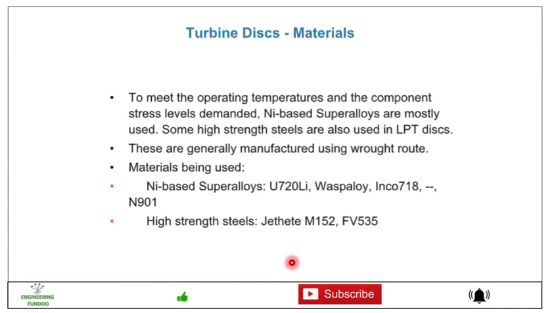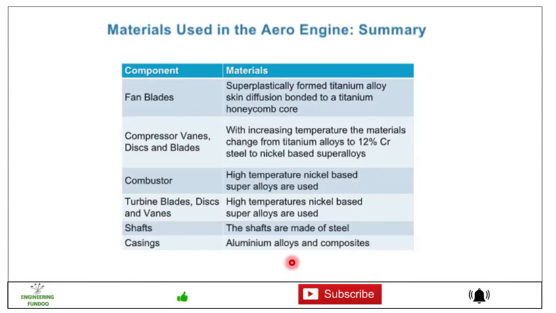Some high strength steels are also used in the LPT disc. These are generally manufactured using rod. The materials being used are nickel based super alloys U720Li or Waspaloy, and then Inco 718 and 901. High strength steels M152 and FE535 are also used.